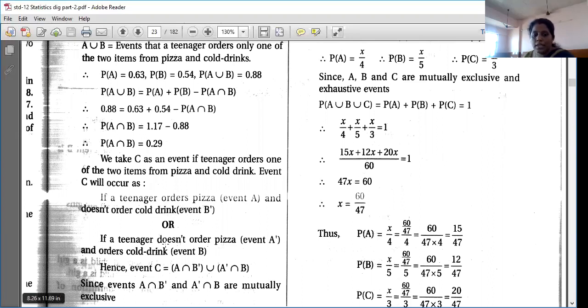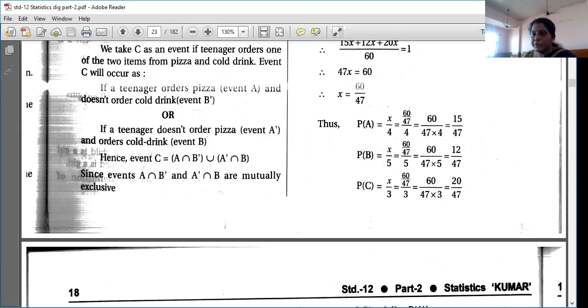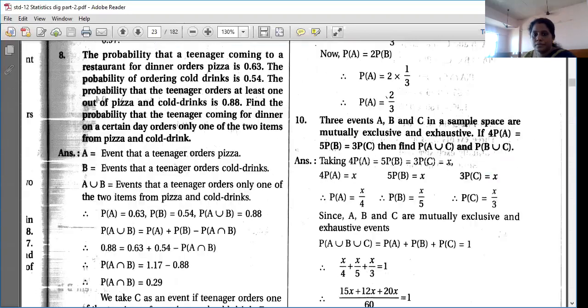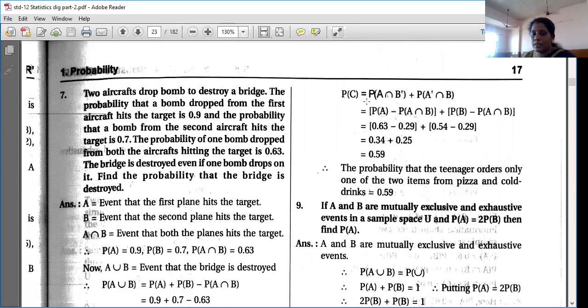Or the teenager does not order pizza, that is A dash, and orders cold drink, that is B. So your event C is P of A intersection B dash union A dash intersection B. Since events A intersection B dash and A dash intersection B are mutually exclusive, P of C equals P of A intersection B dash plus P of A dash intersection B.